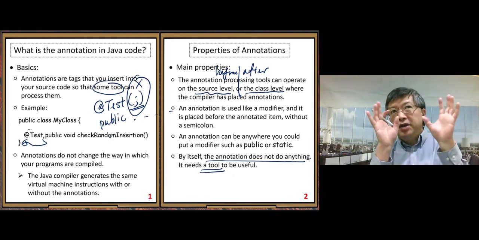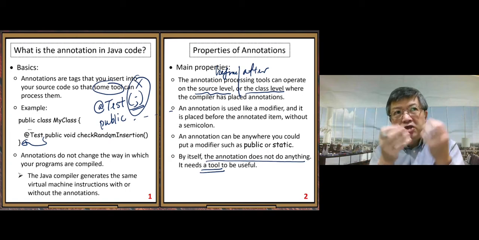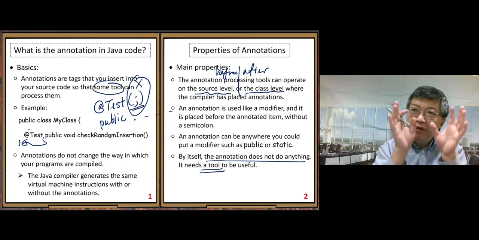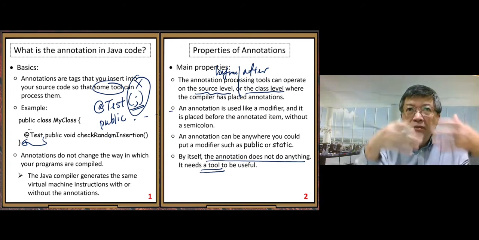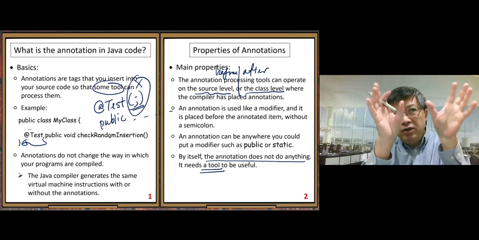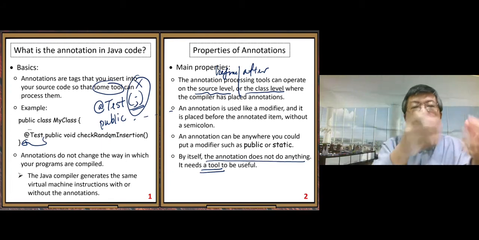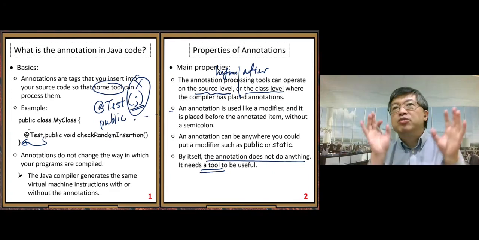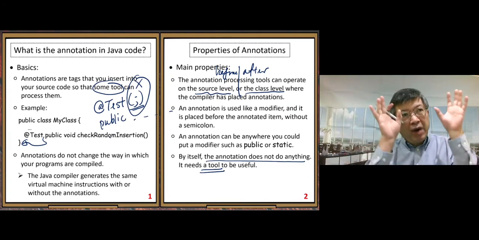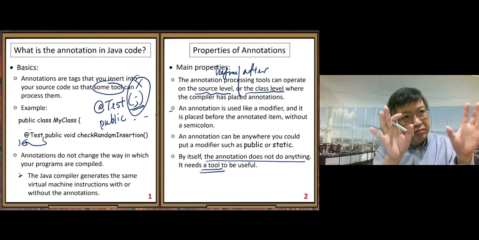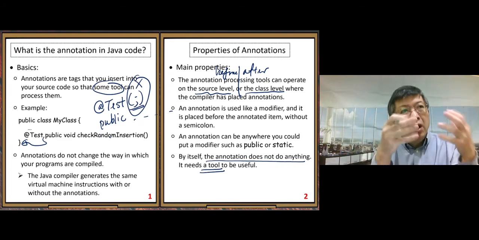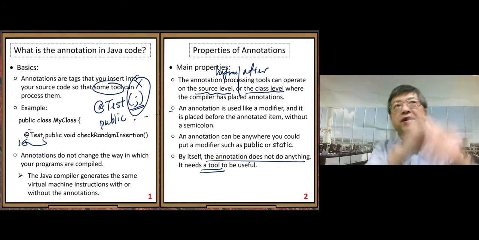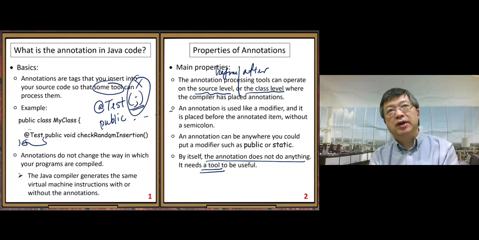An annotation does not do any special data processing work, but it provides some special information to a certain processing tool. The processing tool, based on that information, will do some special things. Now, this is pretty abstract. For our Spring MVC, the processing tools we use to process annotations will generate configuration information for the container. So look at that part.